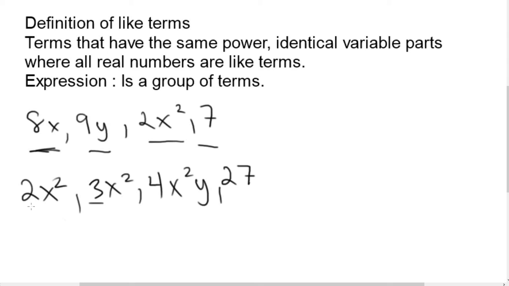They have different numbers, but they have the same exact variable terms. So these two are like terms. 4x squared y, well, we have an x squared, but because of this y, it's not the same as the other two. And 27 is not the same as any of those. And 27 has a special name. It's called a constant.